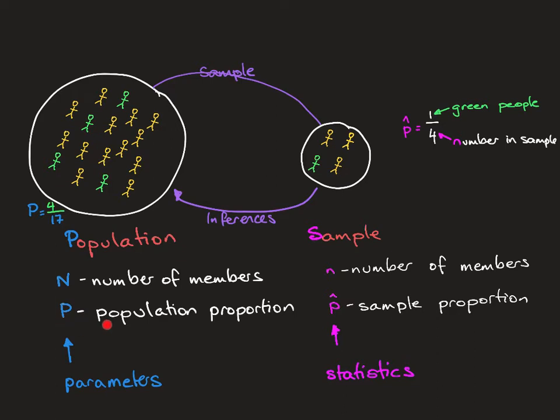Our actual population proportion, capital P, is 4 green people, 1, 2, 3, 4, out of a total of 17 members of the population. So this is our N value. And our sample statistic with a proportion of a quarter is quite a good estimate of our population parameter.